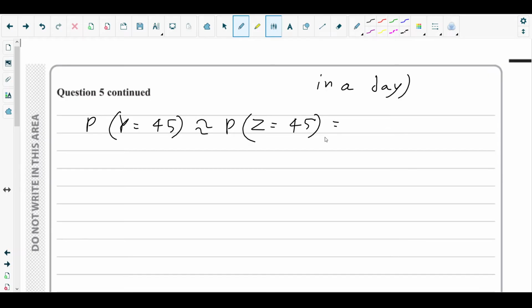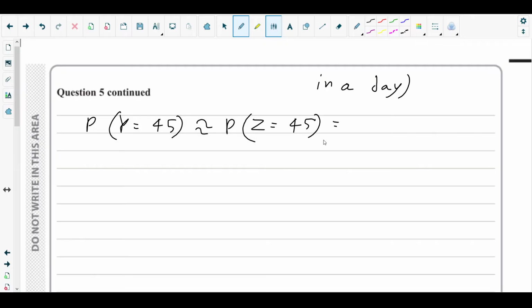Now the question is, do we need continuity correction here? Sometimes, when you are doing the approximation, you need to write 44.5 or 45.5. So do we need continuity correction here? That's a good question. We won't need any continuity correction here because we are approximating a discrete distribution using another discrete distribution.